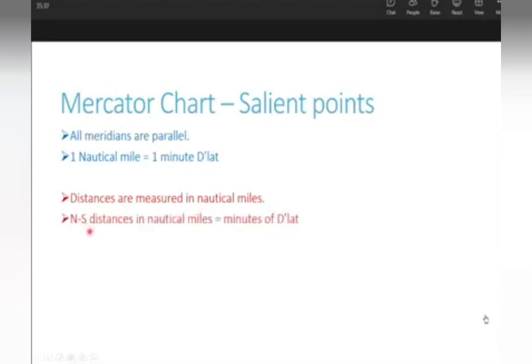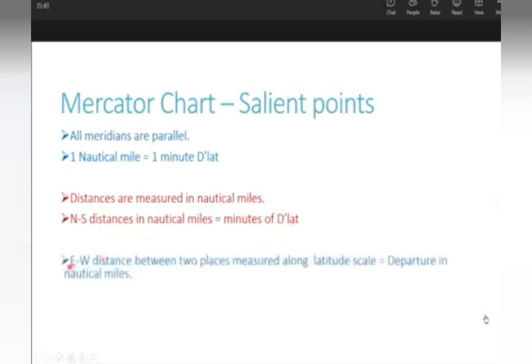The north-south distance measured on a Mercator chart in nautical miles is equal to the minutes of DLAT between the two places. The east-west distance between two places measured along the latitude scale gives you the departure between them in nautical miles.